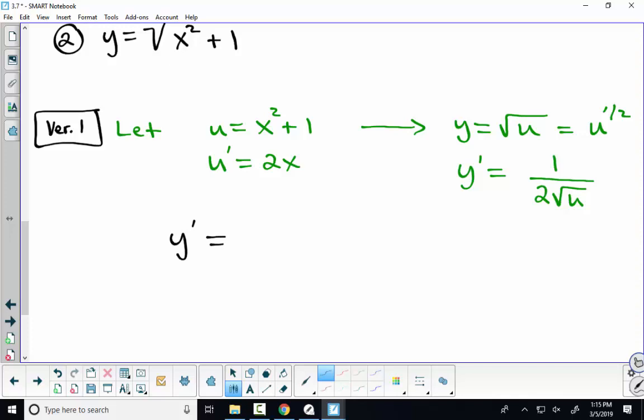But when we talk about the y prime overall, we're talking about the y prime here, the derivative of this function with respect to x. So we have our 2x times this function, 1 over 2 root u, and then we just resubstitute for u.